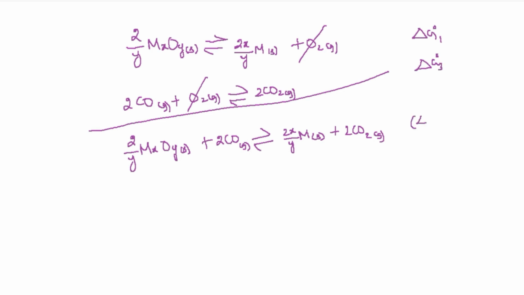For the net reaction, this reaction is feasible when the sum is less than 0, that is negative, and carbon monoxide can act as reducing agent for this metal oxide. Suppose if the sum is positive, carbon monoxide cannot act as reducing agent for this metal oxide.